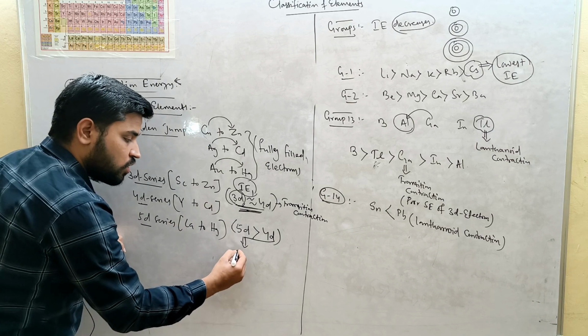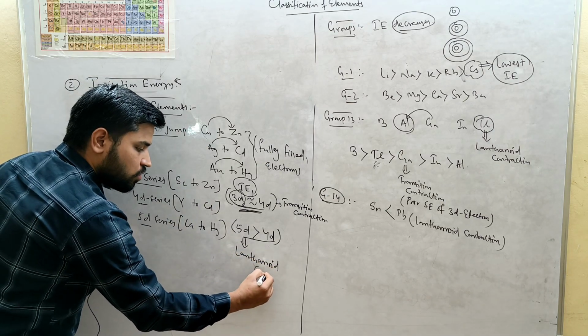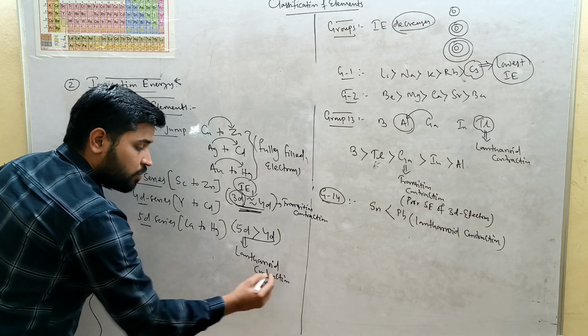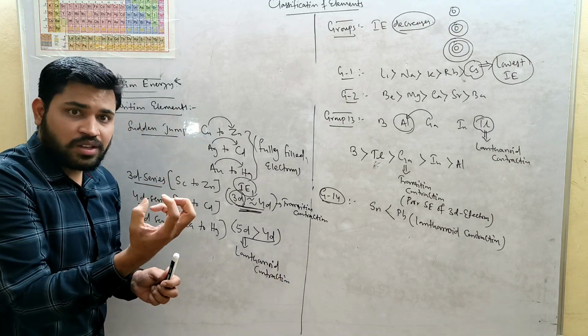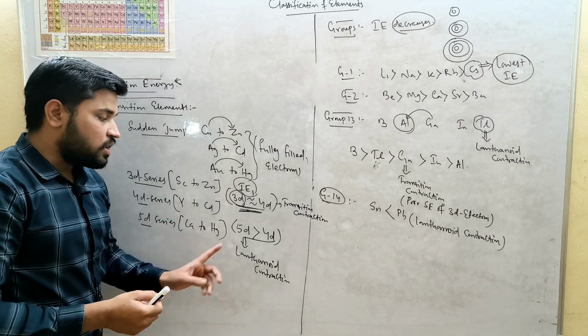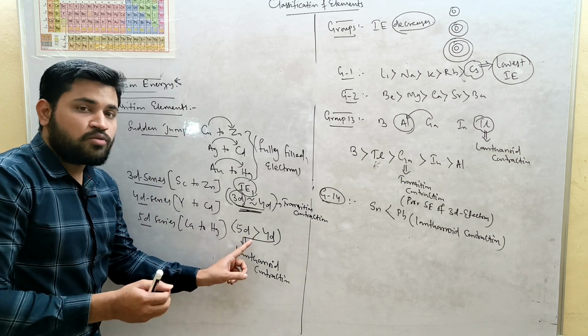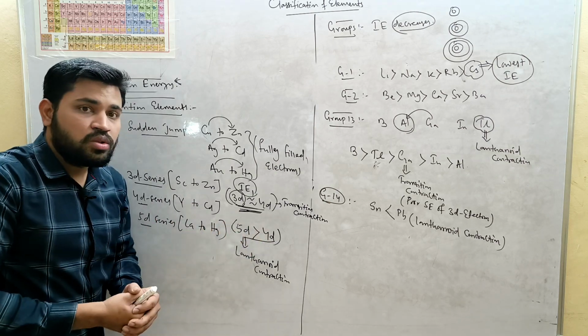That means they show lanthanoid contraction. Due to this, the size of the atom decreases, so the effective nuclear charge increases. Because of that, 5d series elements will have more ionization energy compared to 4d series elements.